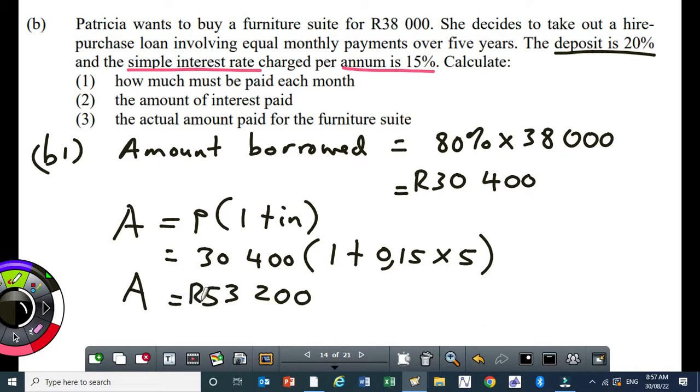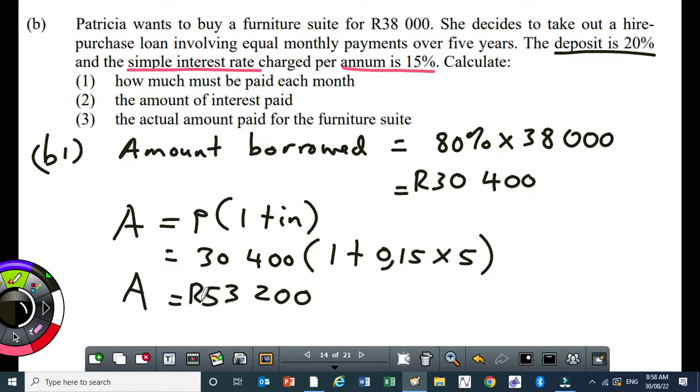So it means including interest, the person will pay in total at the end of the 5 years 53,200. This amount, remember, excludes the deposit. So if you add the deposit to it, you find that the person will pay close to 60,000. Actually, it will be just over 60,000 in total.